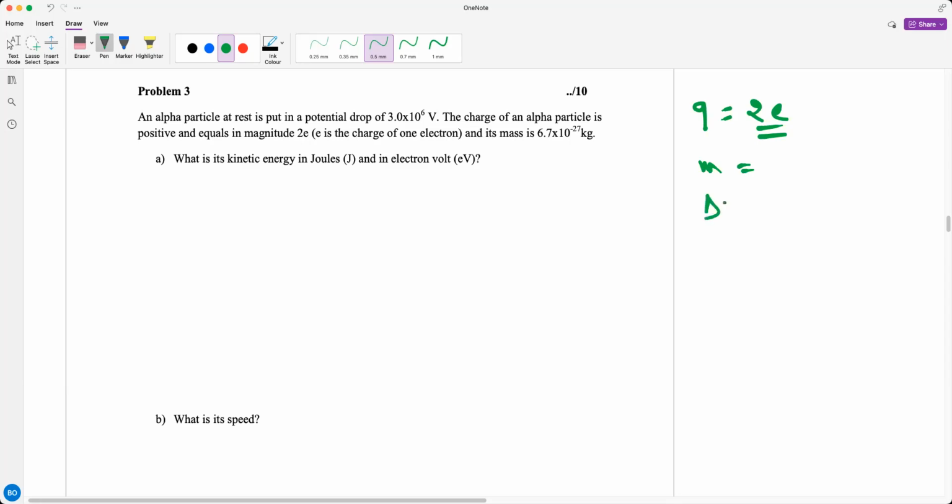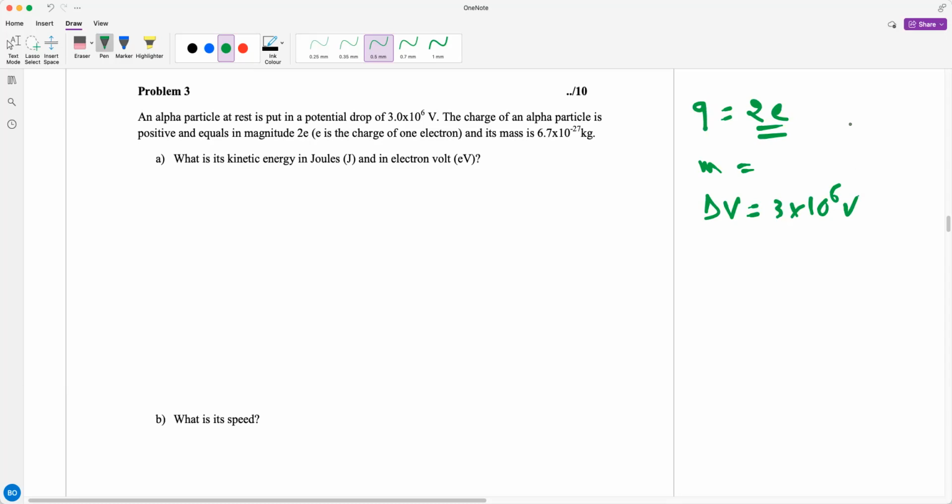And it is accelerated over a potential difference of 10 to the power of 6 volts. What is the kinetic energy in joules and in electron volts? Any idea? How do you solve this problem?